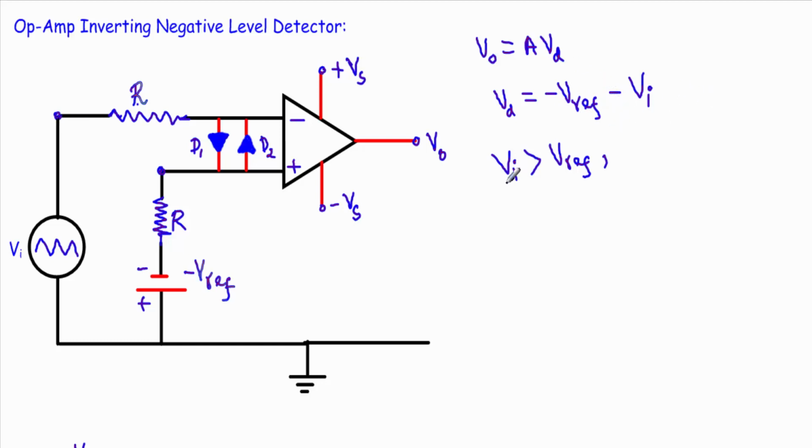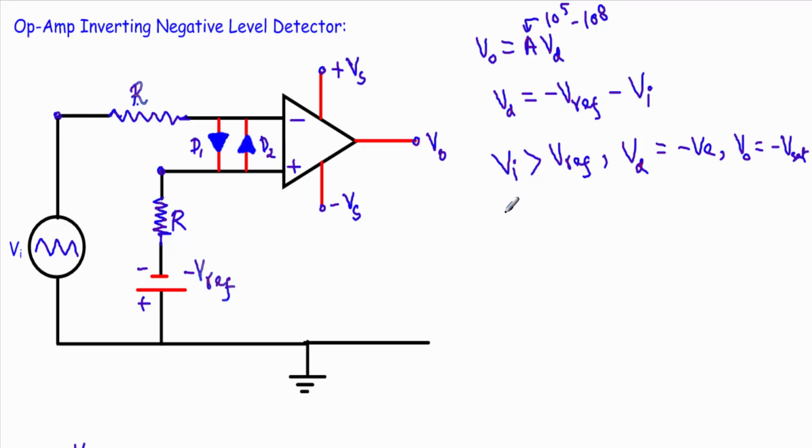As this term is greater than the reference voltage and this is also a negative term, our voltage difference VD will be more negative. When we multiply this input voltage difference with the high gain of the operational amplifier, 10 to the power 5 to 10 to the power 8, as this is a negative voltage difference, our operational amplifier will operate in the negative saturation region.